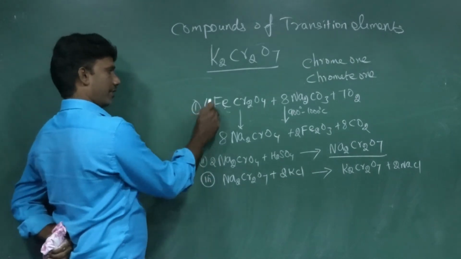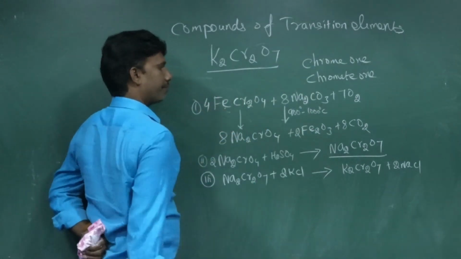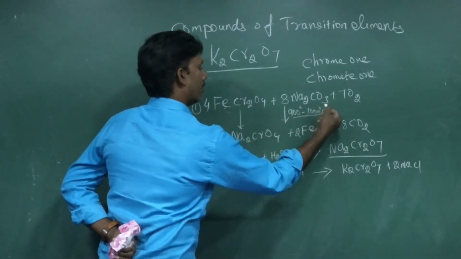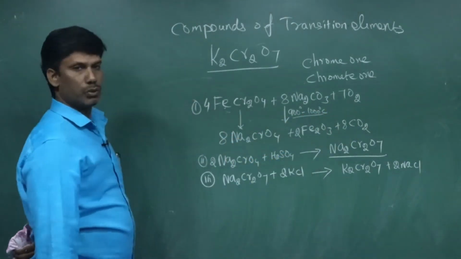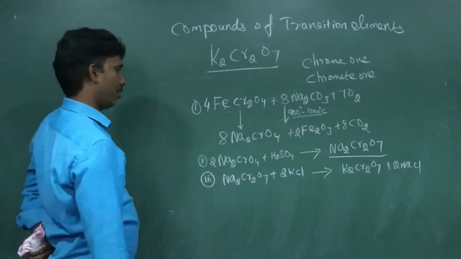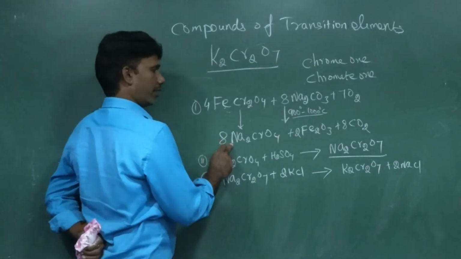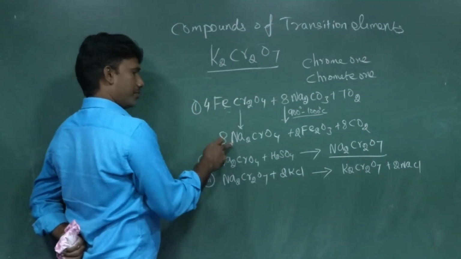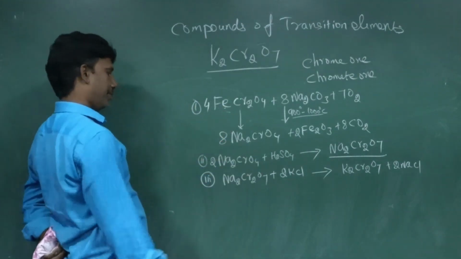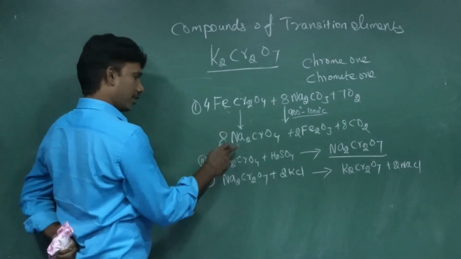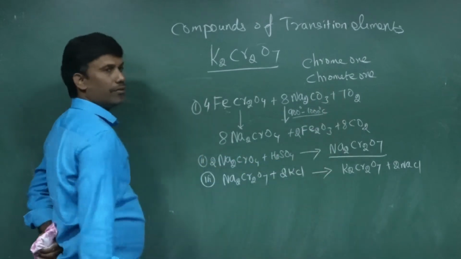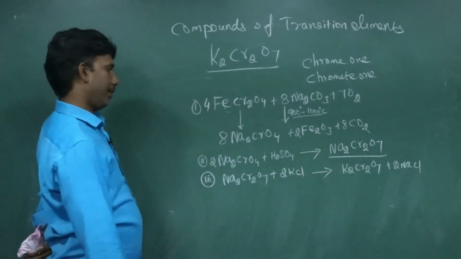So this is how you get potassium dichromate. Chrome ore is treated with sodium carbonate and oxygen, heating to nearly 900 to 1000 degrees Celsius. There you get sodium chromate. That is the first step. Then sodium chromate is treated with sulfuric acid, and you get sodium dichromate.